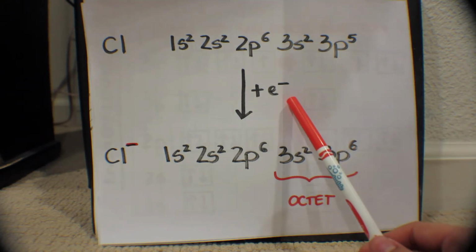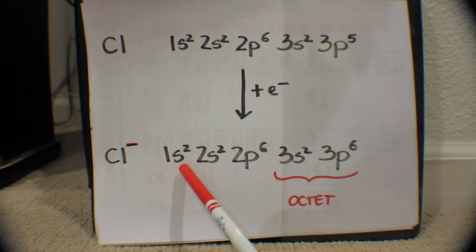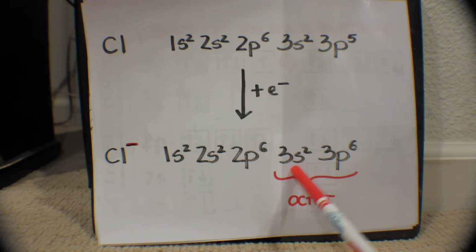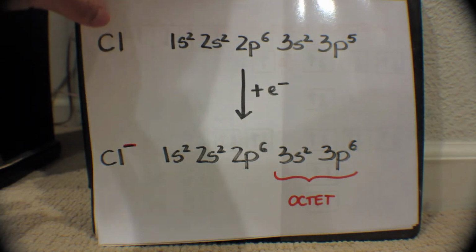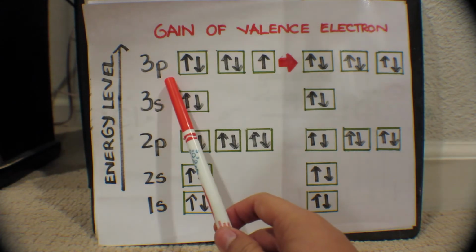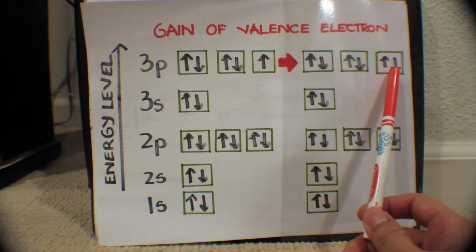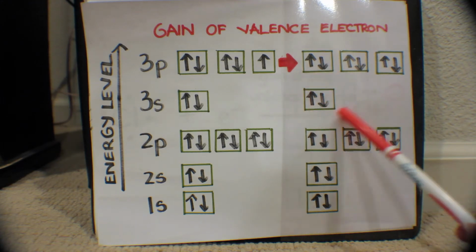After gaining 1 more electron, it becomes chloride, with the electron configuration of 1s2, 2s2, 2p6, 3s2, 3p6. 3s2 and 3p6 create a complete octet in the highest occupied energy level. As you can see on the energy level diagram, at the 3p5 energy level, 1 more electron is gained in order to complete an octet of 8 electrons.